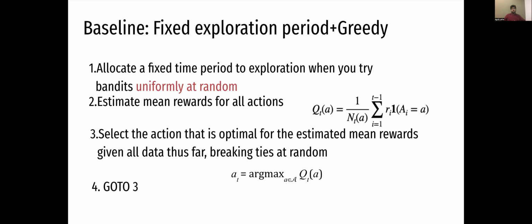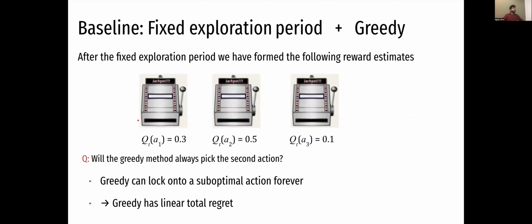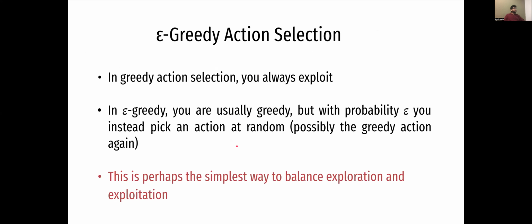There are more sophisticated strategies like epsilon greedy and upper confidence bound that can address these limitations. After the fixed exploration period, we have the following reward estimates, and then we choose the best reward. Now we will see our next action selection approach.